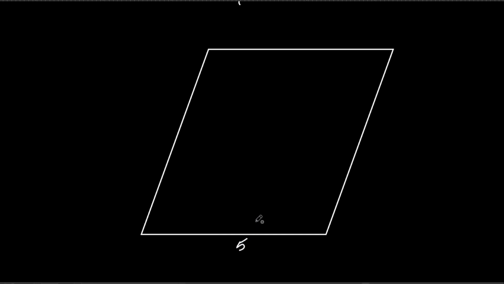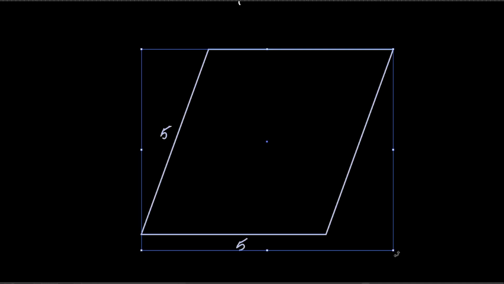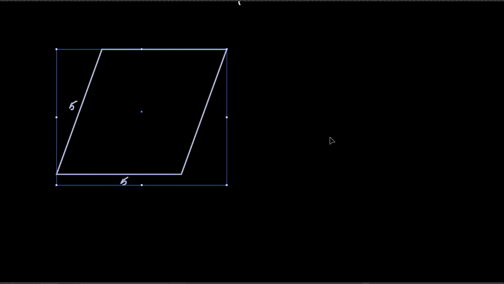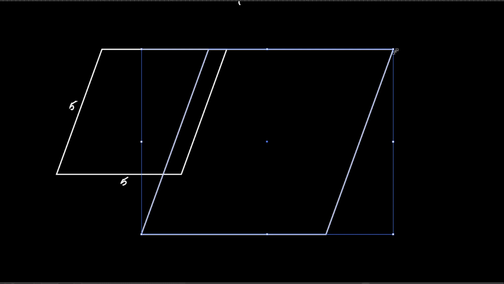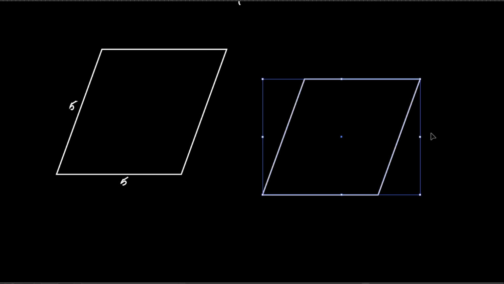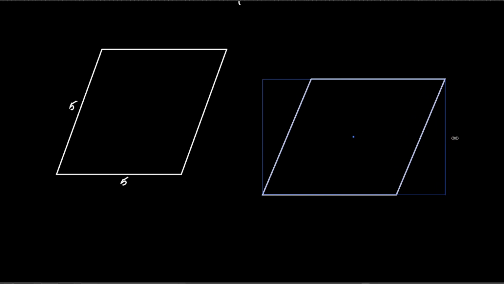So what if this was 5 and then this was 5? So if I have a parallelogram, let's just make this a little bit smaller so I can fit something else in here. Okay, and let's make this a little smaller. And let's stretch this out.